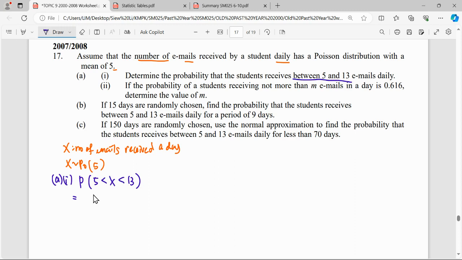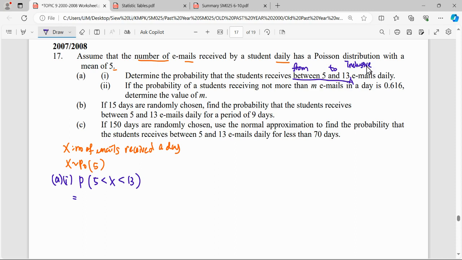From 5 to 13, included. If it says from 5 to 13, yes, included. Between 5 and 13, there is no equal. But between 5 and 13, inclusive, there is equal. So you have to read the question carefully.